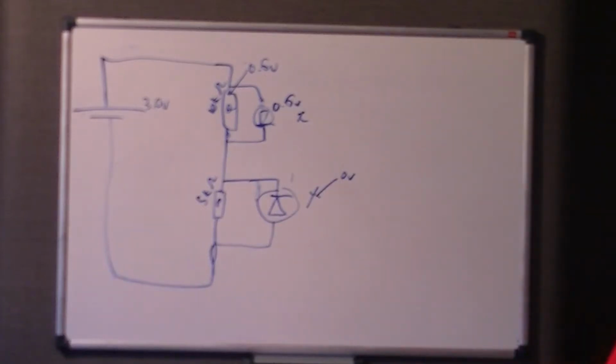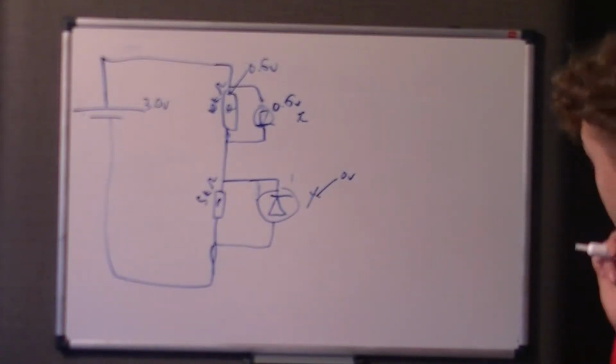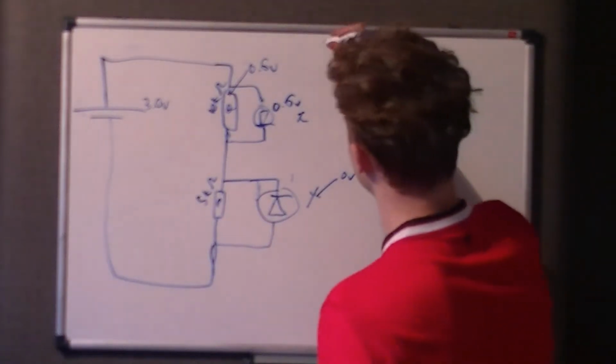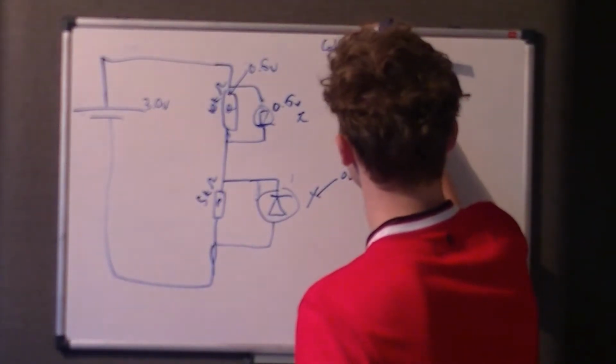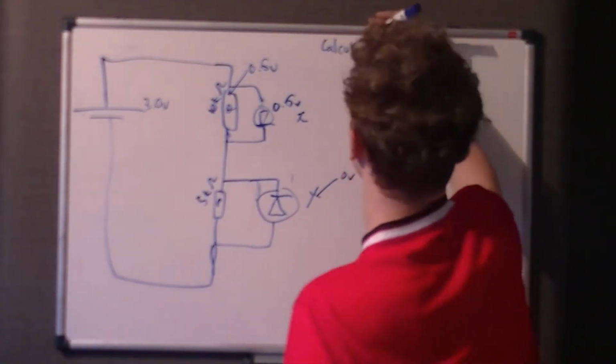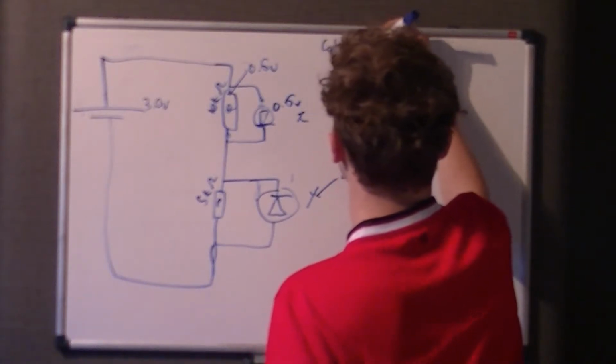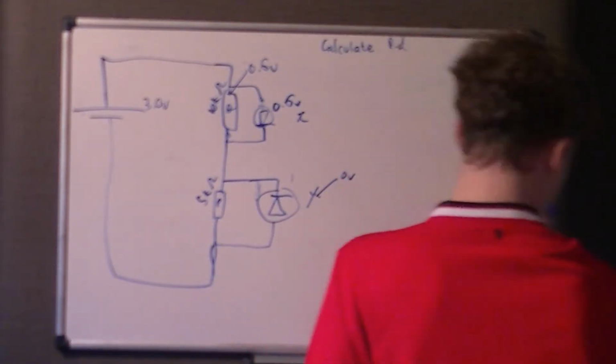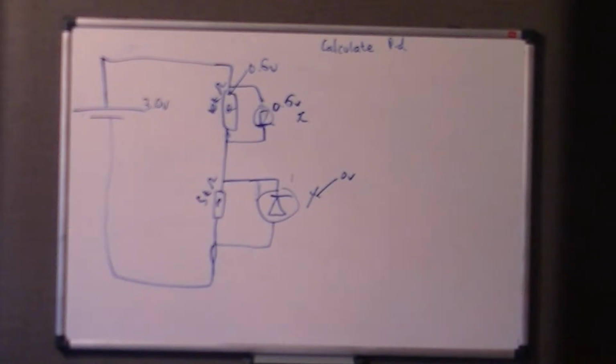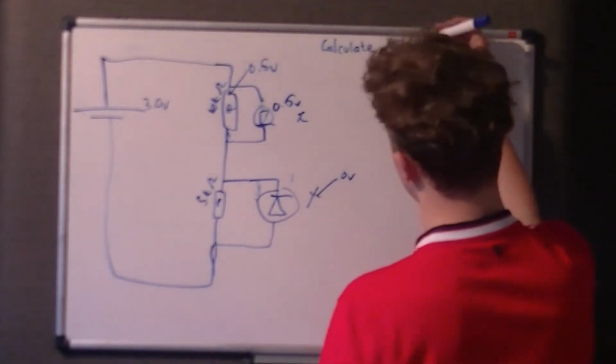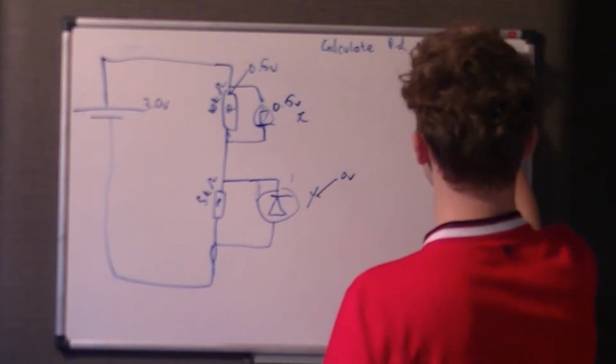So the question says, for the circuit shown, which is obviously this one, I've just drawn it out of the book, calculate the potential difference. So I just put calculate PD. PD is potential difference, but I'm just going to write PD because I'm lazy. PD and current for each resistor and diode.